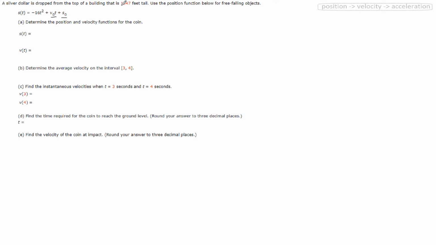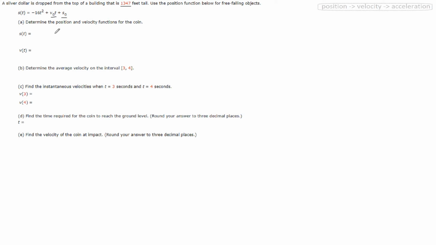The word problem gives us the position but not the initial velocity, so this is going to equal 0, and the position is going to equal 1347.